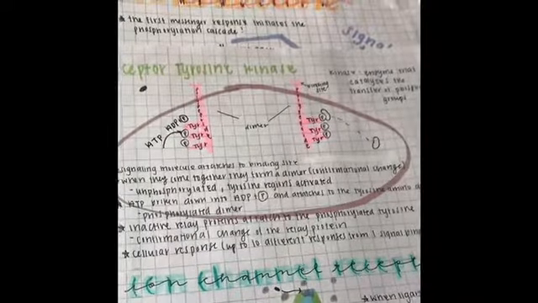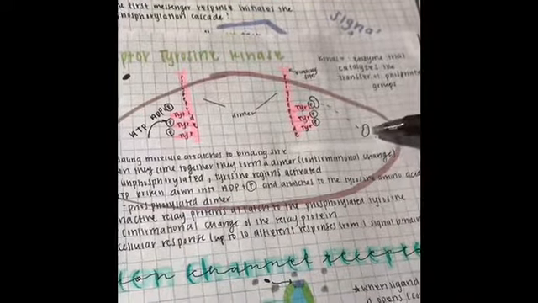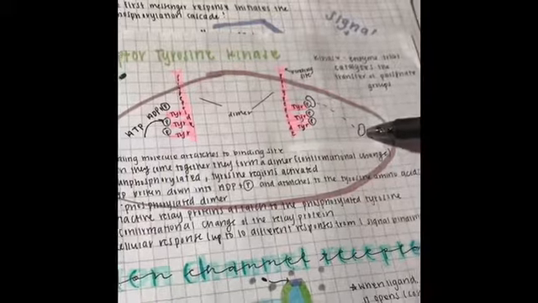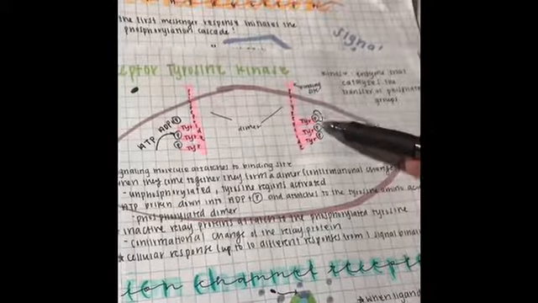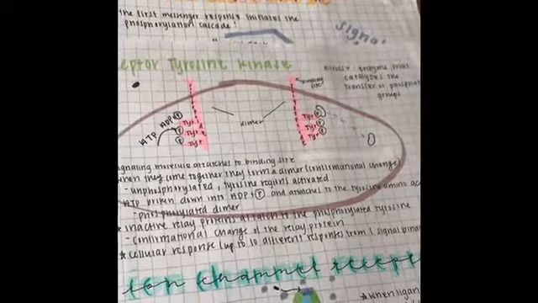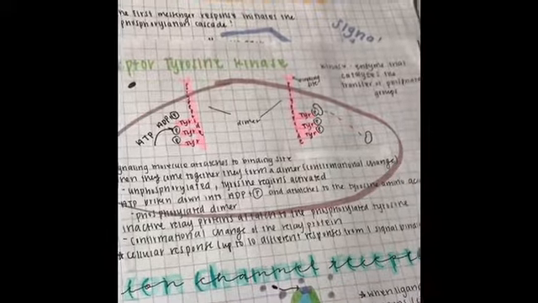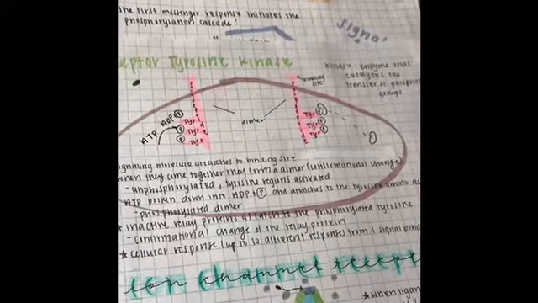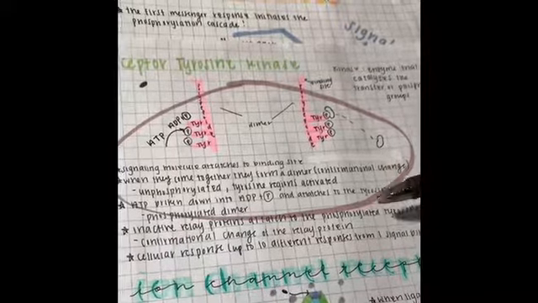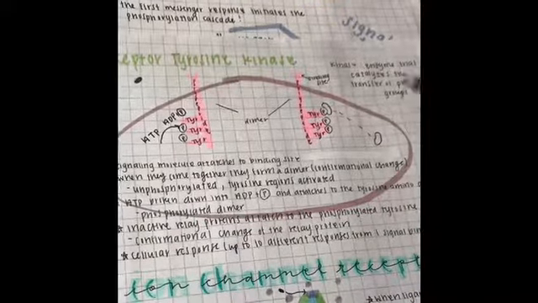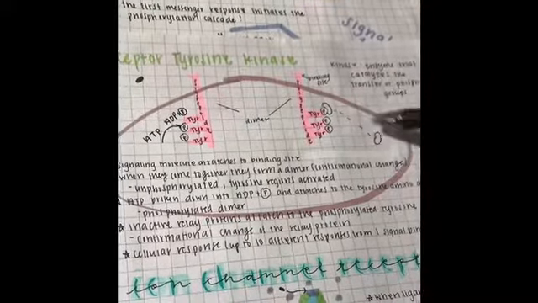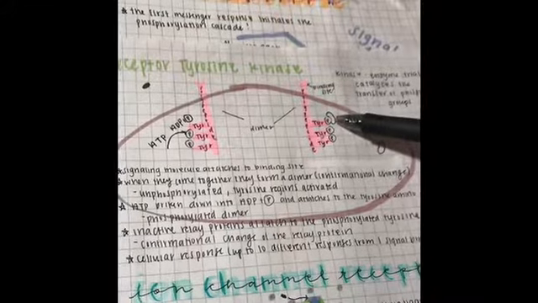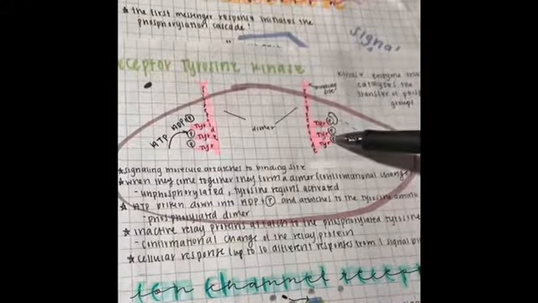The cool thing about the tyrosine kinase relay proteins is that once they attach to the phosphate groups, they could lead to different cell responses. So once this attaches, this could have a different cellular response than these two.